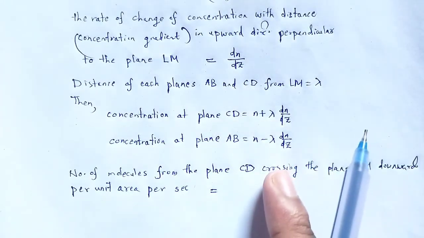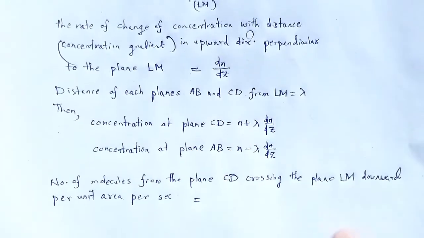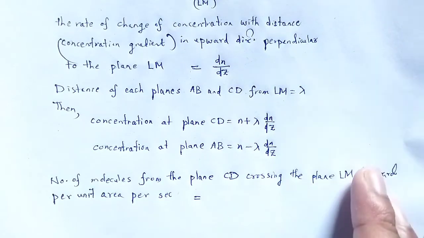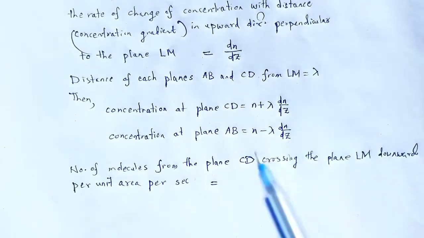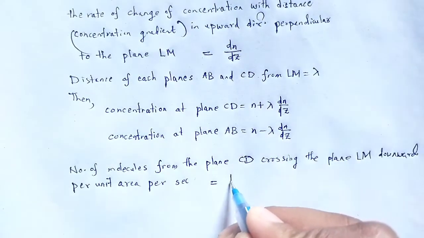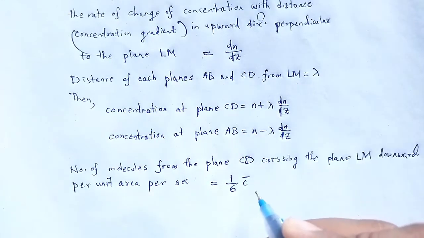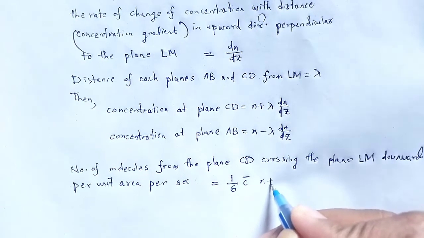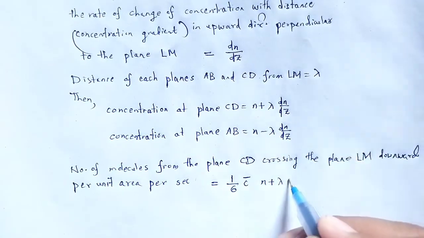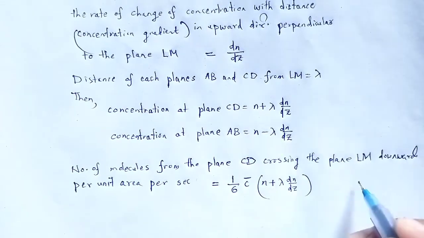The number of molecules from the plane CD crossing the plane LM downward per unit area per second, that is 1/6 into c bar, n plus lambda dN by dz.